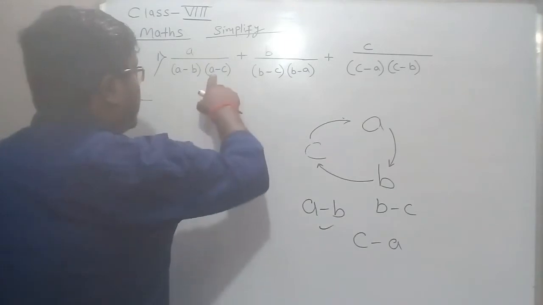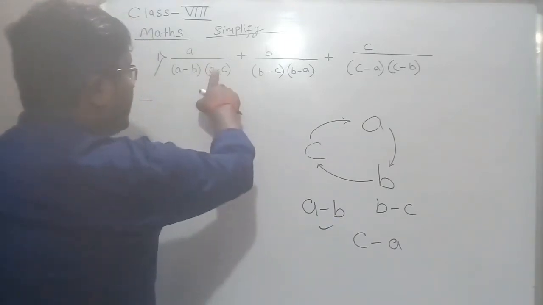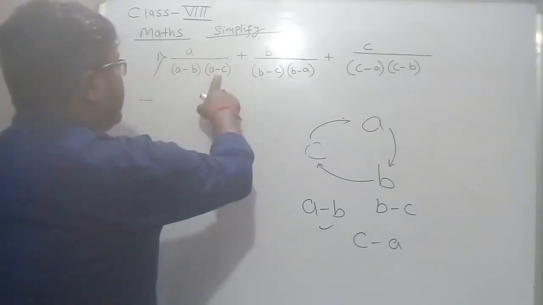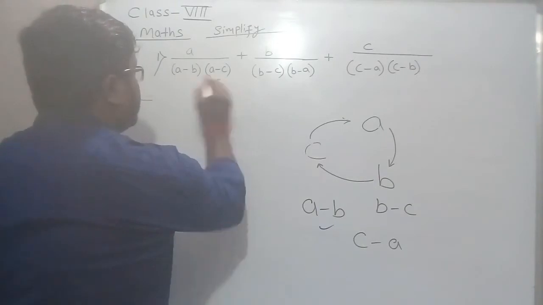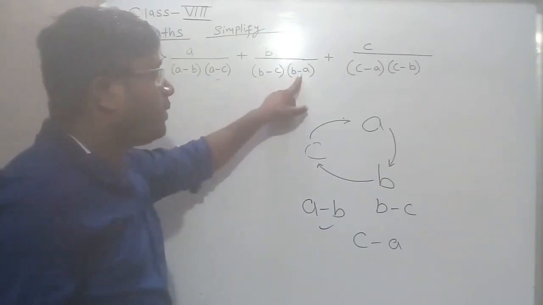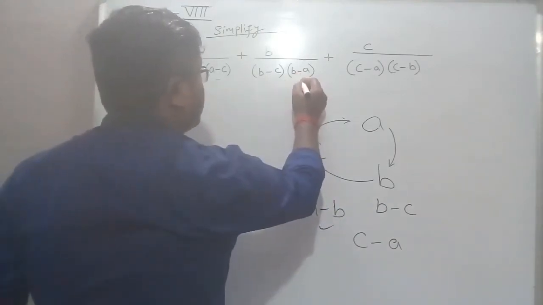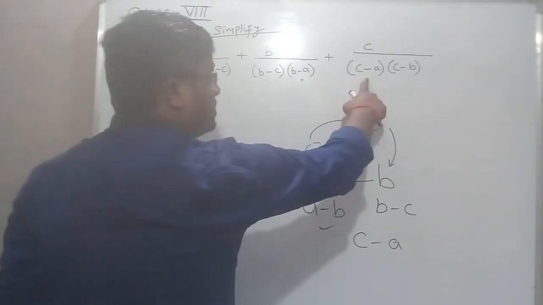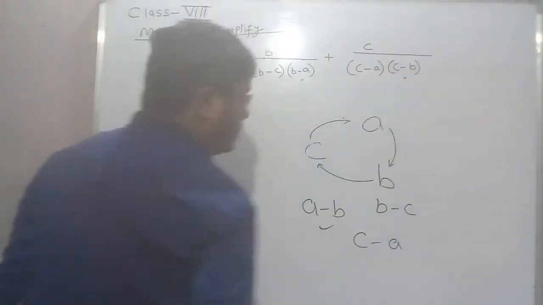It is in reverse order, so we have to make it c minus a. Now b minus c is okay. B minus a, we have to change it. C minus a is okay. C minus b, this also we have to change.